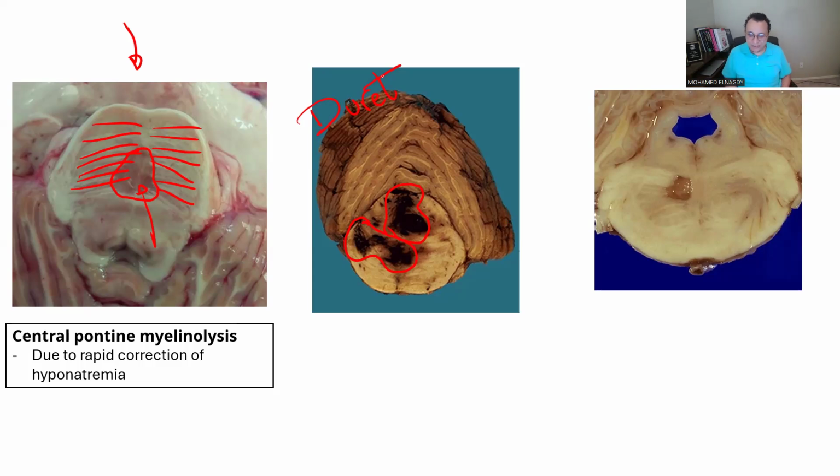Duret hemorrhage is a kind of hemorrhage that happens in the pons, and it happens with herniation. When the brain herniates down, this leads to downward displacement of the pons. As you know, the pons is supplied by perforating arteries, which usually come from the basilar.